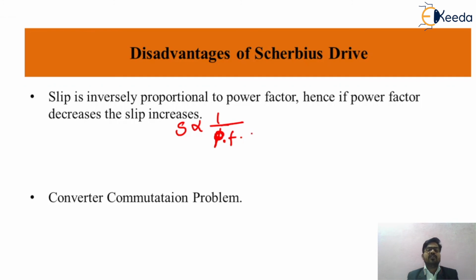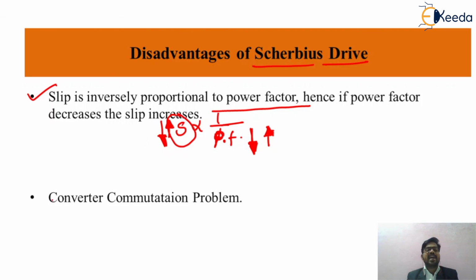If the power factor decreases, the value of the slip increases, and if we increase the power factor, the slip decreases. This is an important disadvantage, because with the static Scherbius drive the power factor is reduced as we increase the slip power. If the power factor reduces, it will definitely affect your system voltage. So the static Scherbius drive provides a low power factor. That is the first disadvantage.